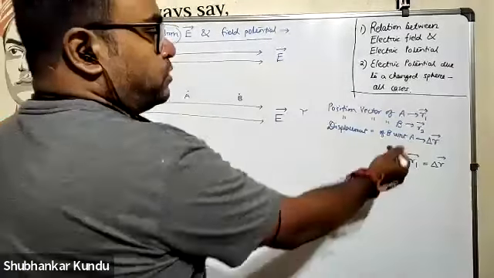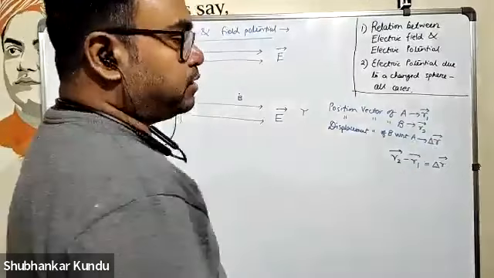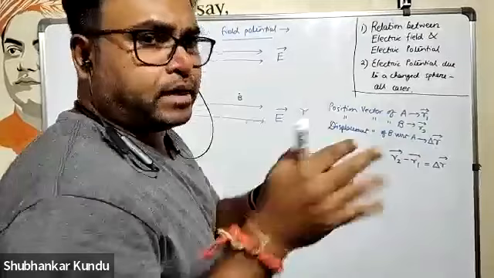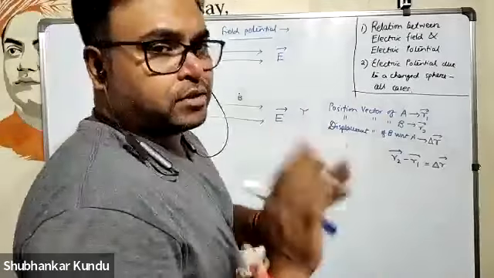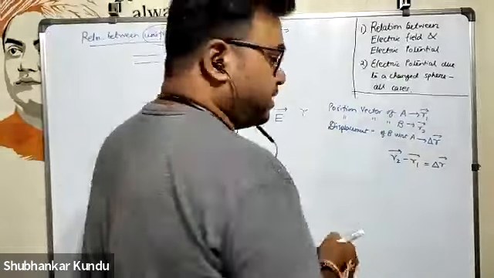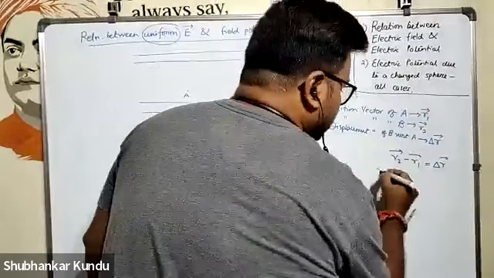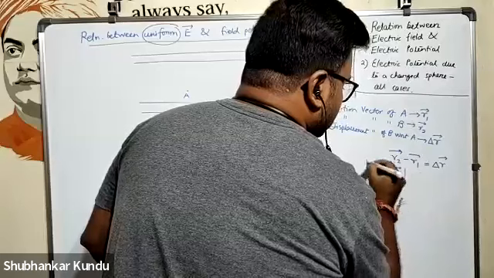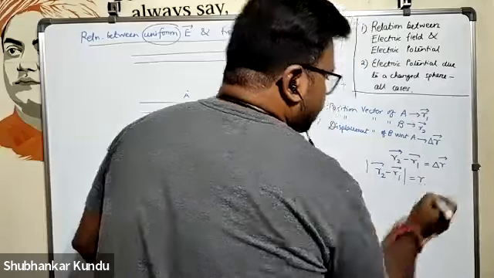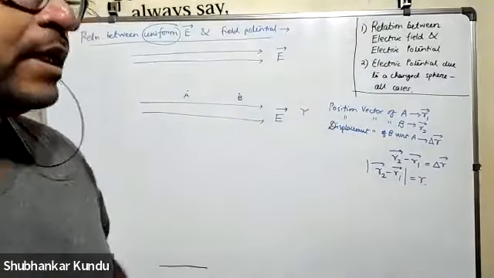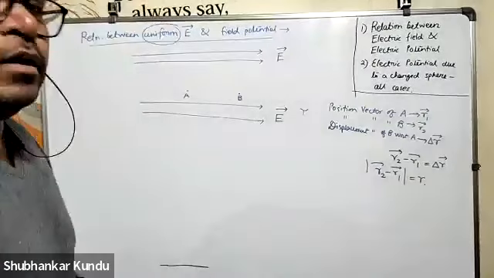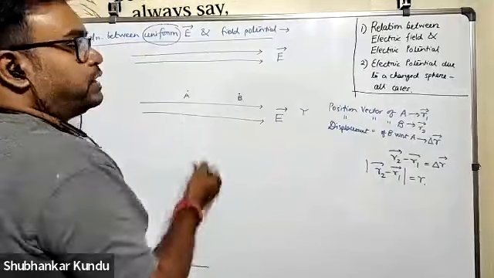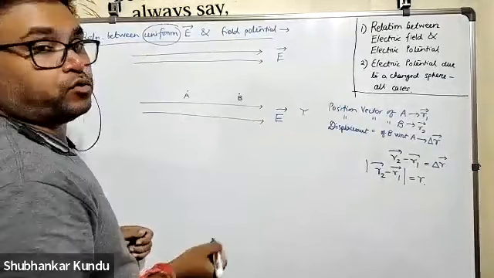The displacement vector of B with respect to A is delta R vector. Delta R vector is what? R2 vector minus R1 vector. Then let us consider its magnitude. The modulus of delta R vector be R. So this is my A, this is my B. Position vector of A is R1 vector, position vector of B is R2 vector.